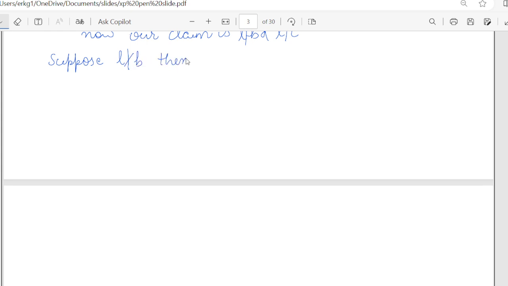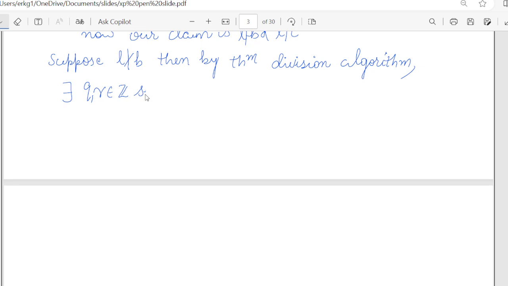Then by the division algorithm theorem, there exist Q and R belonging to Z such that B is equal to LQ plus R, where 0 is less than R is less than L. This implies R is equal to B minus LQ.